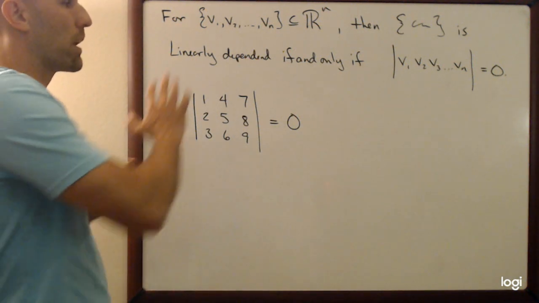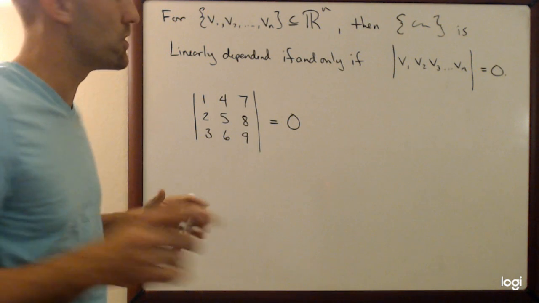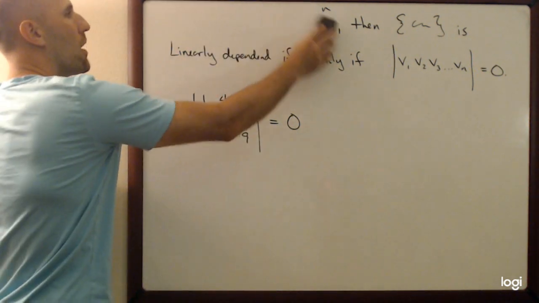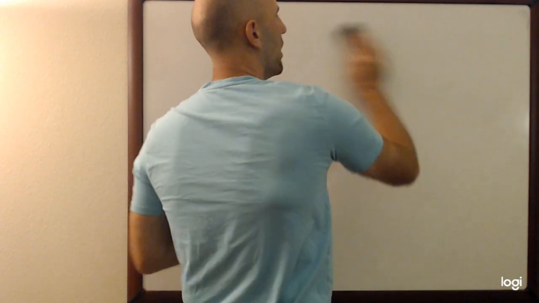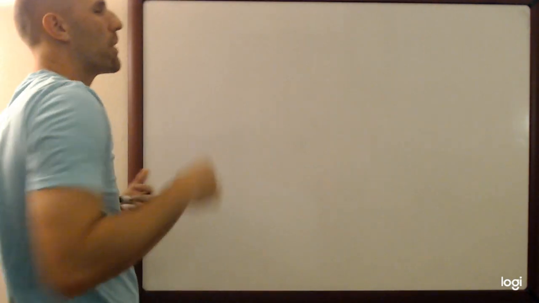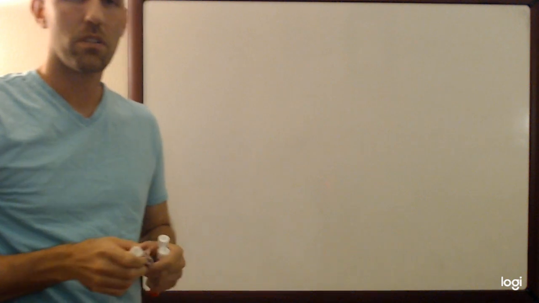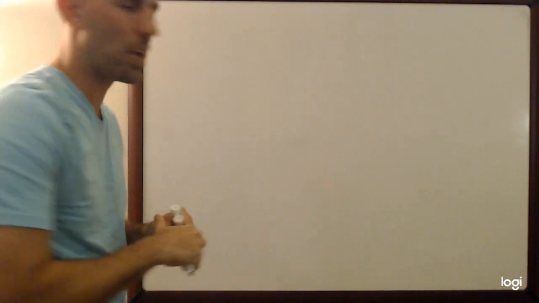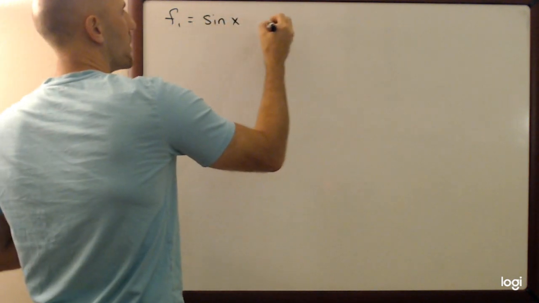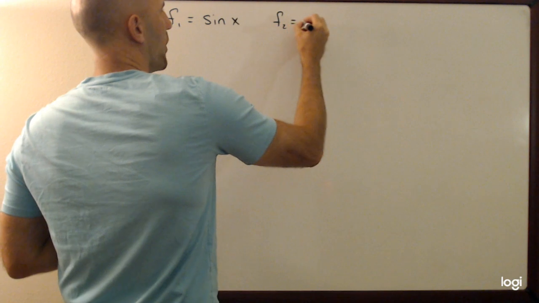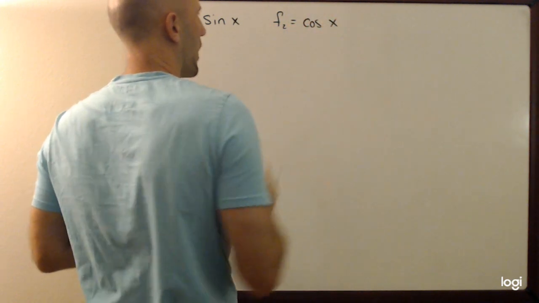Why do I want to bring something like this up? Because, and I mentioned this at the end of the previous video, what we really care about is how you determine whether or not functions are linearly independent. For example, f1 is sine of x and f2 is cosine of x.